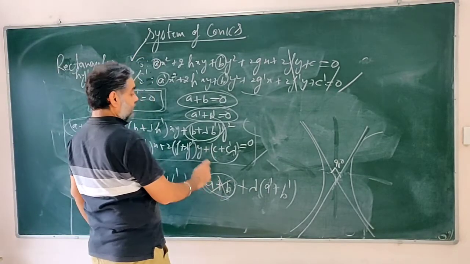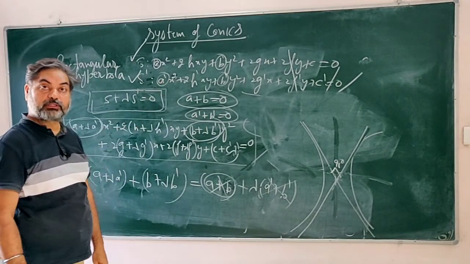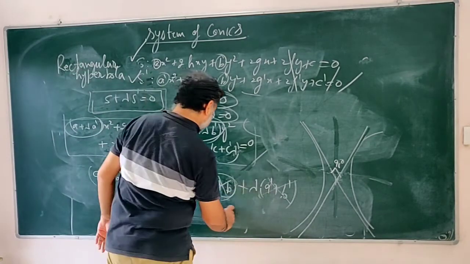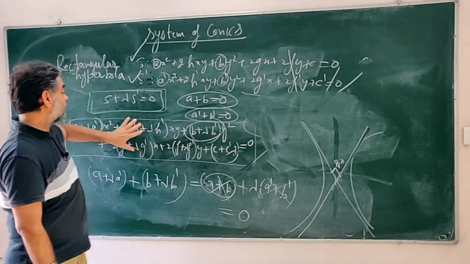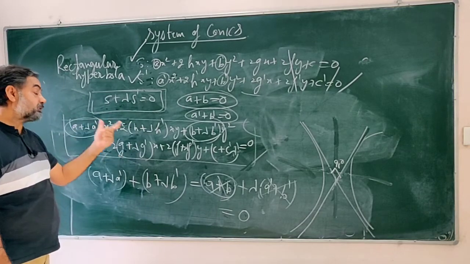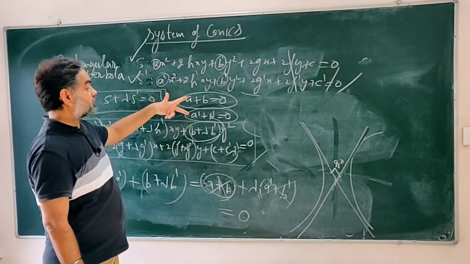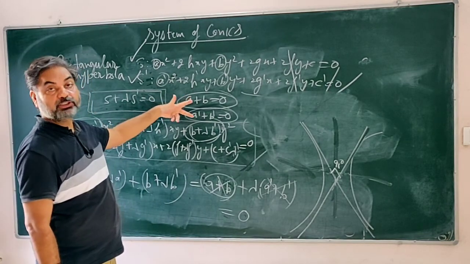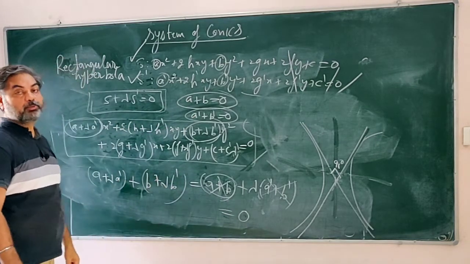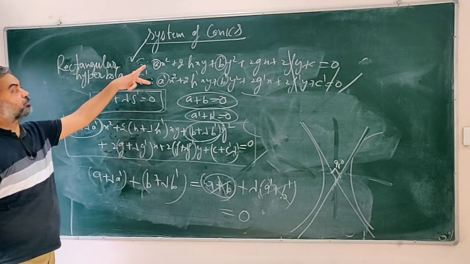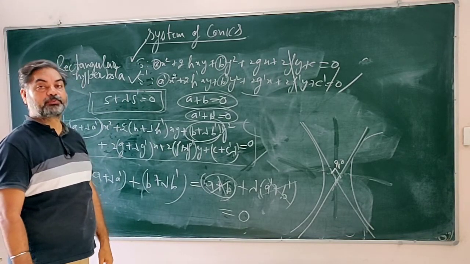And a dash plus b dash is also 0 because the second hyperbola is a rectangular hyperbola. So this plus this is 0, and that means the coefficient of x square plus the coefficient of y square in this equation is 0. That means this hyperbola is also a rectangular hyperbola. So any hyperbola which passes through the points of intersection of any two rectangular hyperbolas is also a rectangular hyperbola.